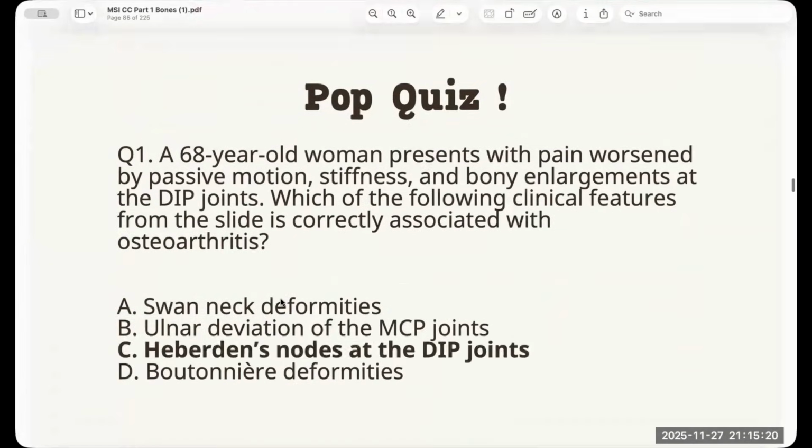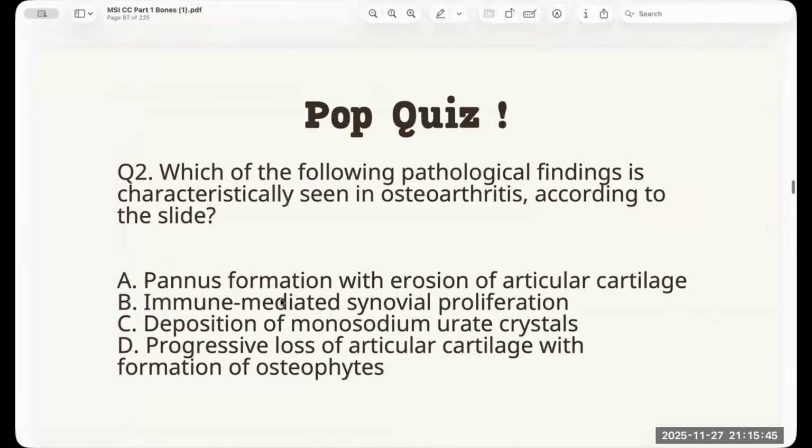It is the Heberden's nodes at the DIP joints, okay? If they were to bring a question, the choices might include Heberden's nodes on the proximal interphalangeal joints. Please make sure to check which joint has the disease that you are looking for. Okay. The finding, I mean.